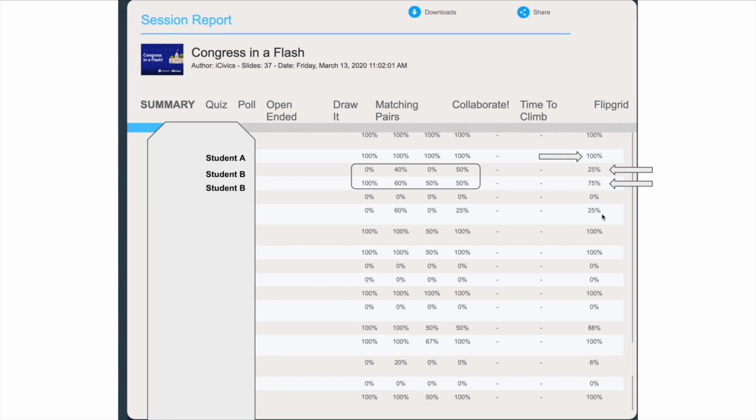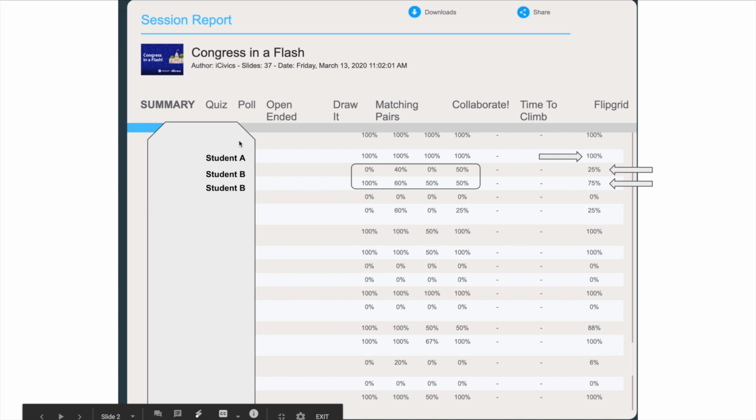So their grade, I'm going to take that 25 points and multiply that by 25%. Their grade's not going to be very hot. Their grade is going to be 100%, 100%, 100%, 88% of 25, 6% of 25 points. That's how grades are going to be calculated for this first round of Nearpod lessons.